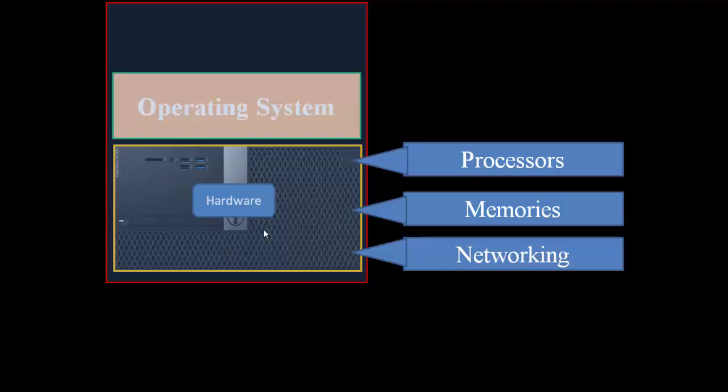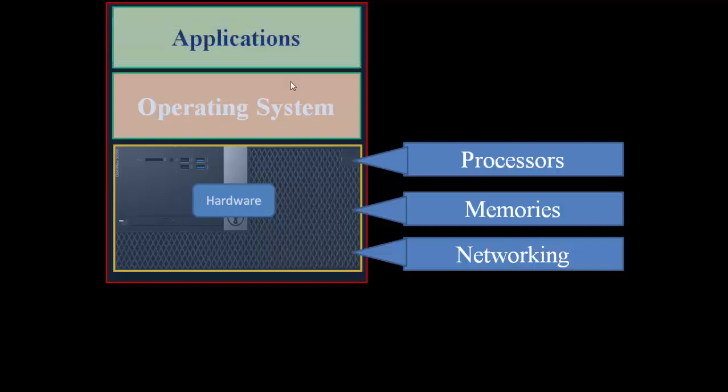On top of the hardware, we have the operating system to manage all the hardware. On top of this operating system, we can install a number of applications, and we can install multiple applications on the same operating system. So this is the simple architecture.